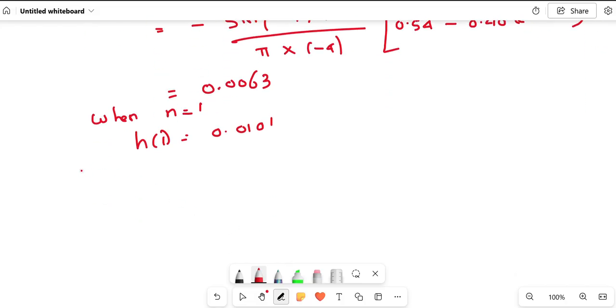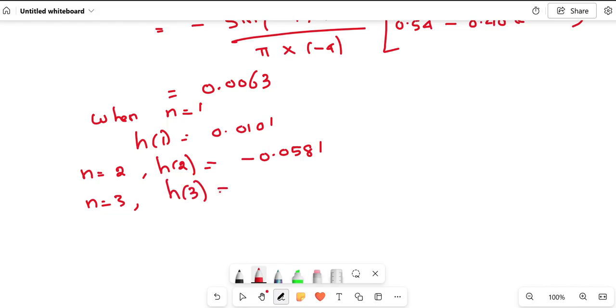When n is equal to 2, h of 2 will be minus 0.0581. When n is equal to 3, h of 3 is equal to minus 0.2567.